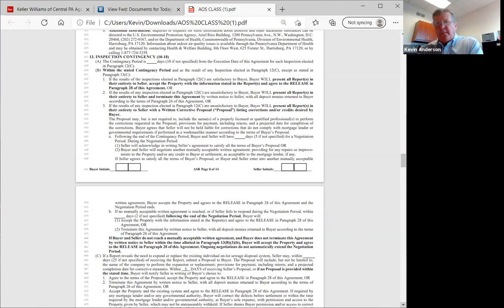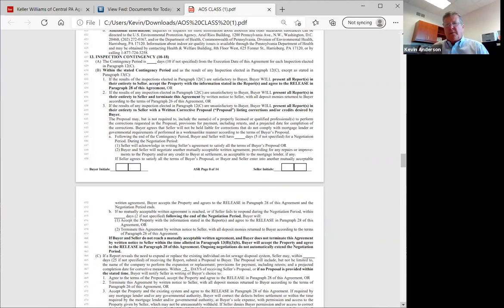And if at the end of the 5th day of the negotiating period, the seller does not acknowledge it or answer anything or agree to satisfy, then you have a 2-day negotiation period. At the end of that 2 days, it's very important that you get your buyer to terminate the agreement of sale, because they will lose their money.